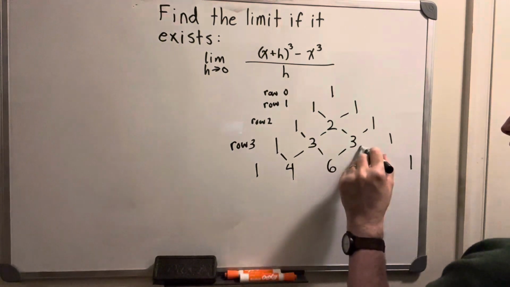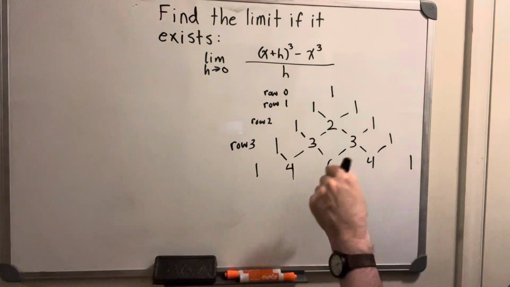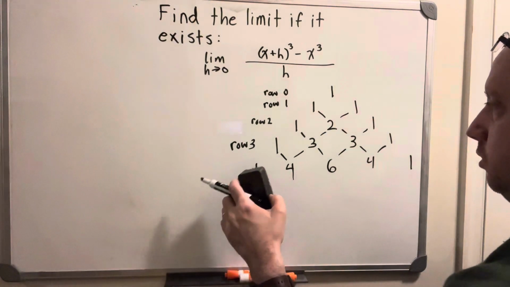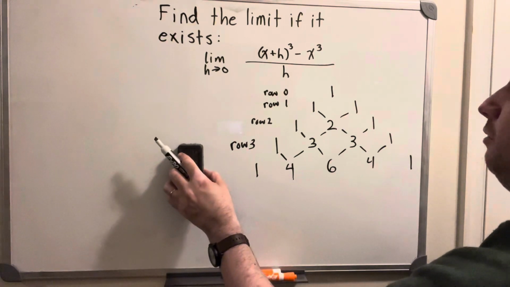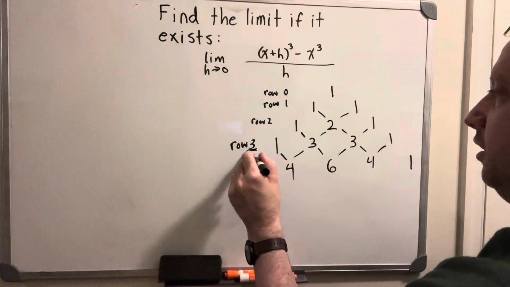6. And here, 4. And so from there on, you can see how to build out a row using this technique. So we've got this row number.